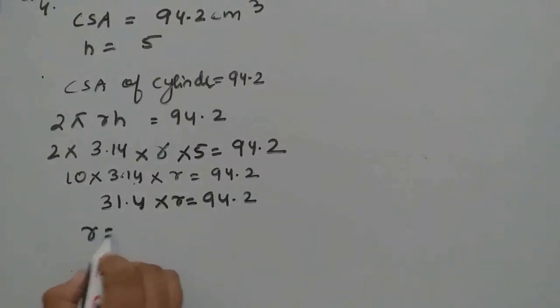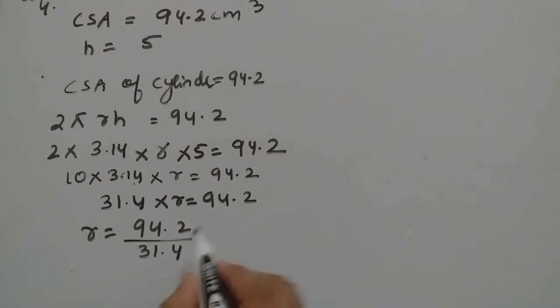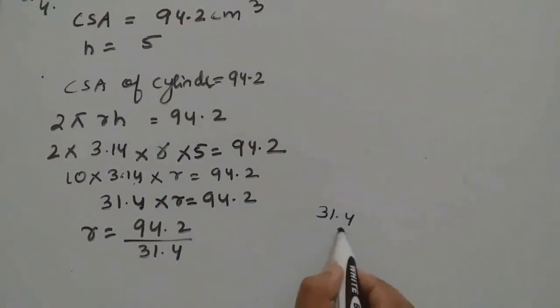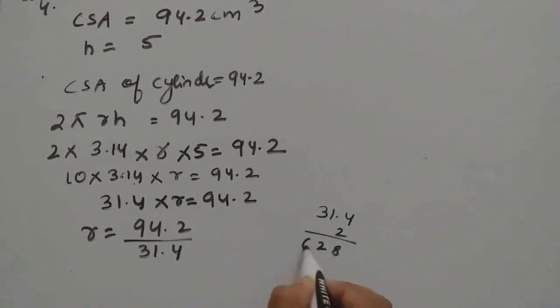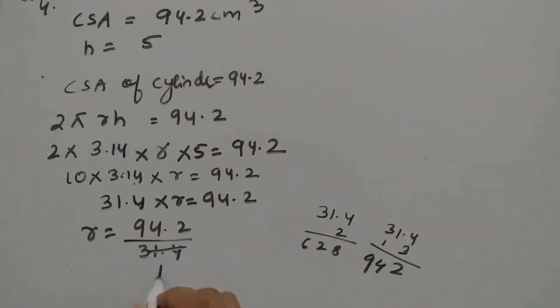So R will be 94.2 divided by 31.4. Now check 31.4, 2s will be 6 to 8. Then you can check with 3s if it cancels with 3. Yes, so we can write this into 3. So R will be equal to 3 centimeter.